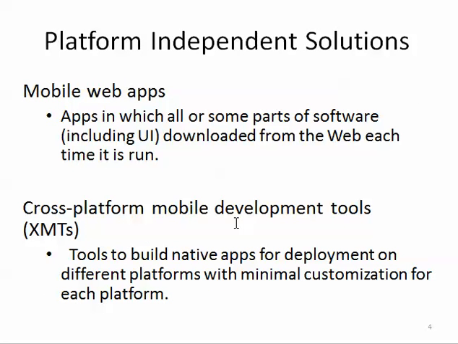So then we've got two possible ways of doing that. We call them platform independent solutions. One is the approach that we're following in this class: we develop a mobile web app in which every time somebody wants to use it, they just access a specific web page, and that's it. You've got a mobile app there, so you don't have to install.